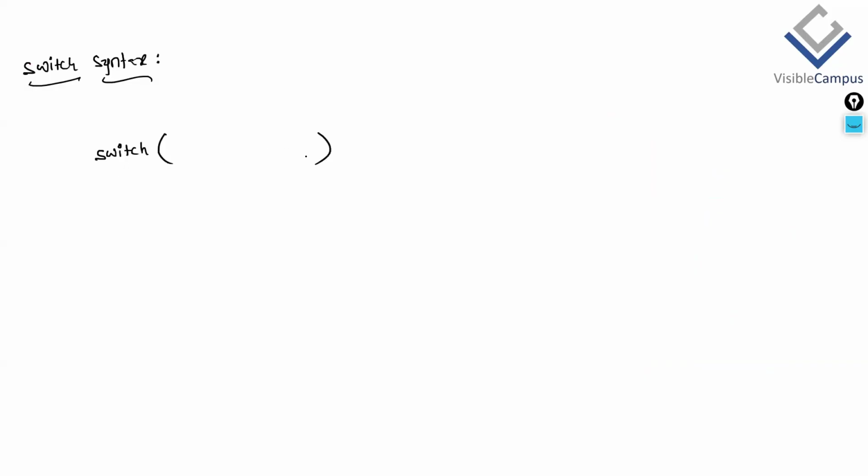Switch, parenthesis, then here we have to write something called an existing variable or expression. Then the corresponding switch body with open and closed curly braces. So this is the first part.